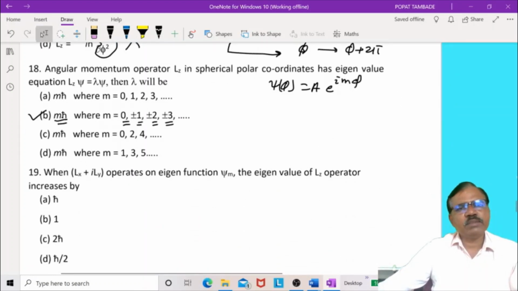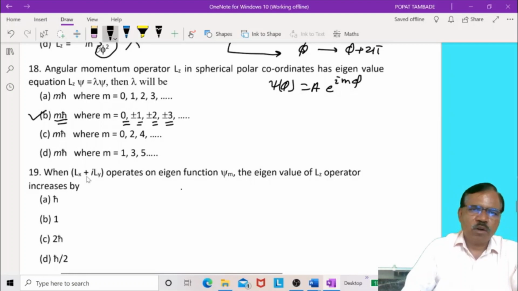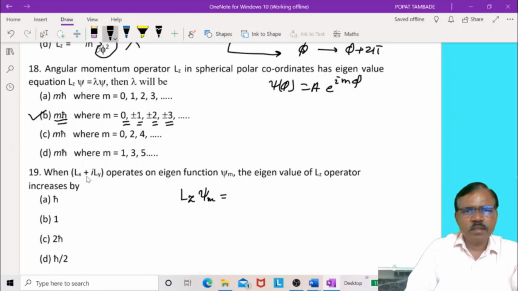Now when Lx plus i Ly operates on eigenfunction psi m, then the value of the Lz operator increases by, we know, when we operate the Lz operator on some function psi m, we get lambda psi m, and here lambda is the eigenvalue. Here Lz operating on psi m gives mħ psi m. Lambda is equal to mħ. So mħ is the eigenvalue.